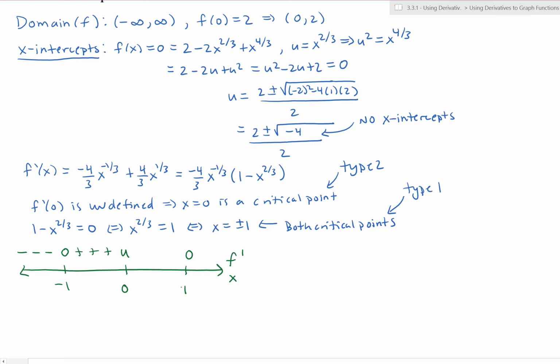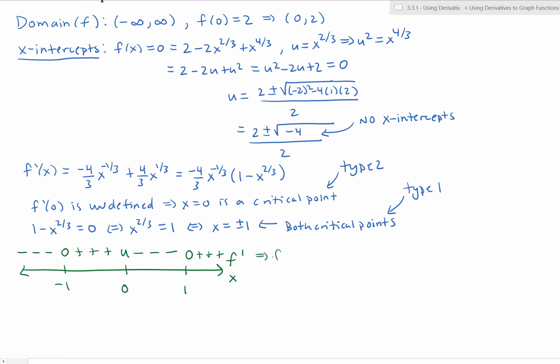If you pick a number between 0 and 1, say x is 1/2, you're going to get a negative number. And if x is larger than 1, some gigantically large number, then you're going to get a positive number. And so that's the sign analysis on the derivative. And it tells us some stuff, right?